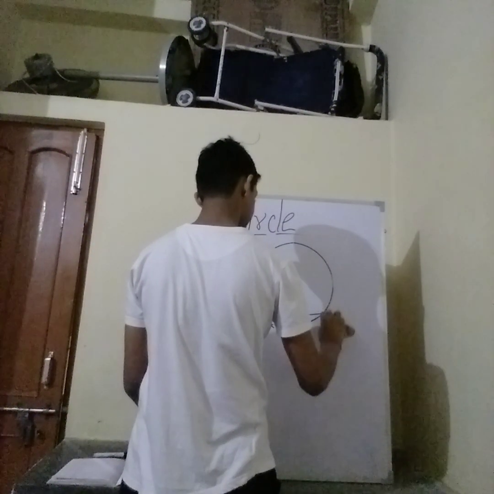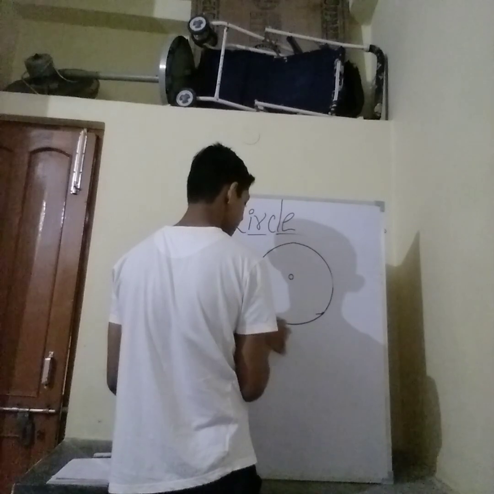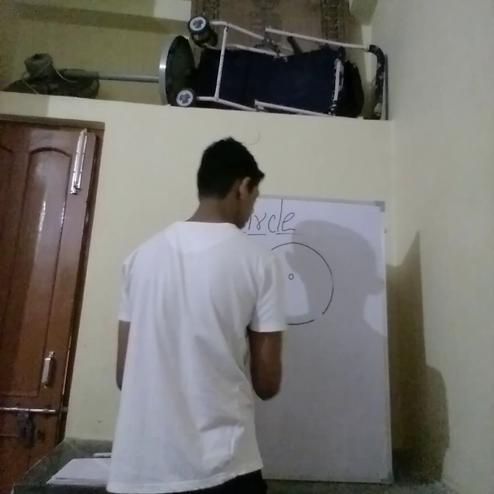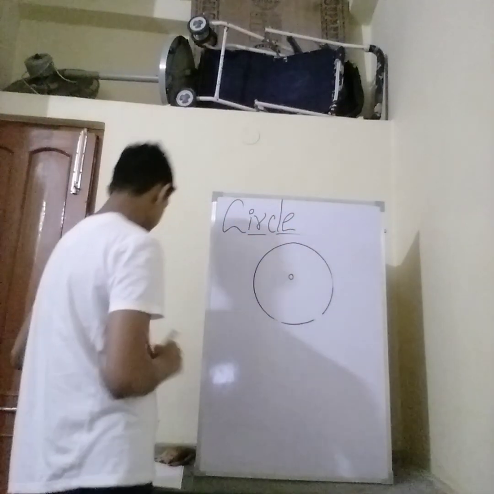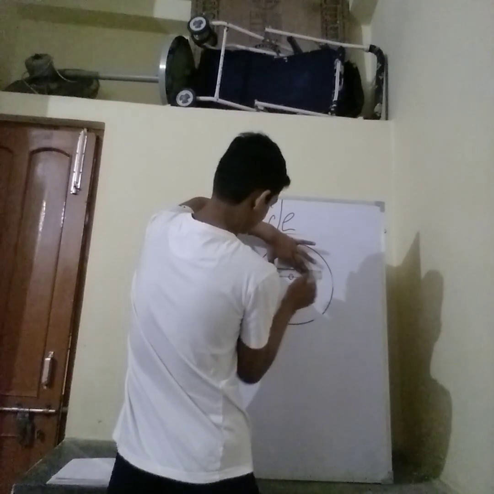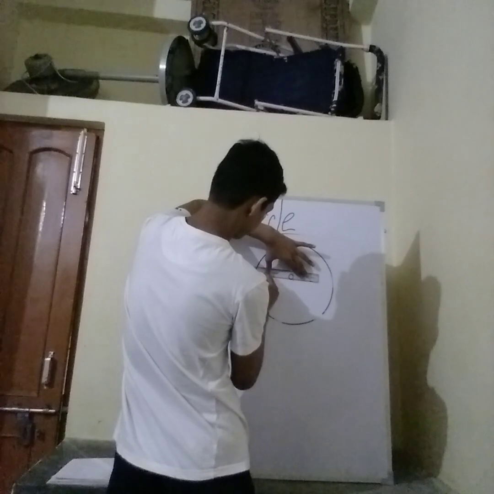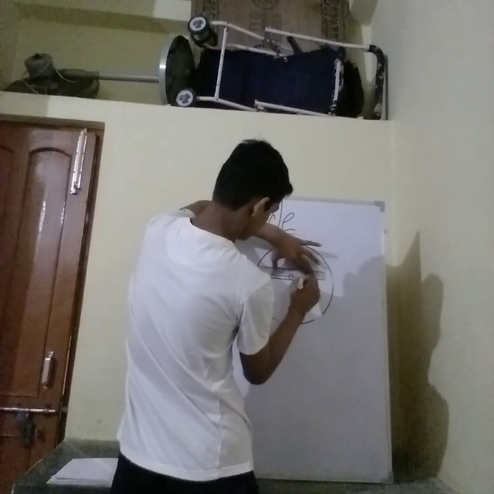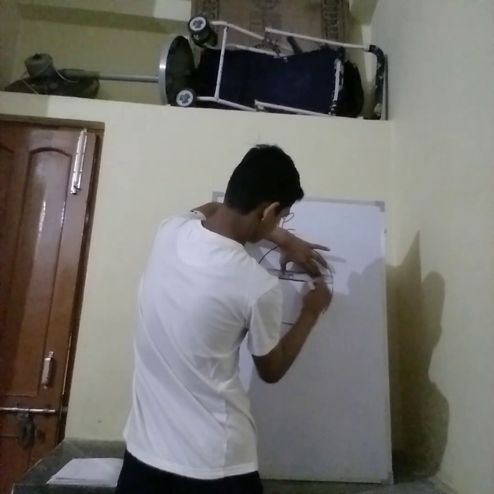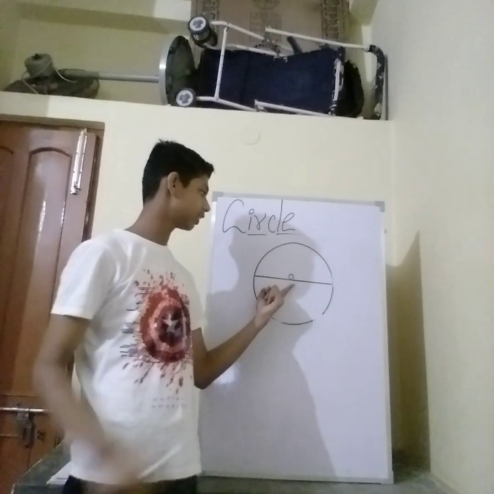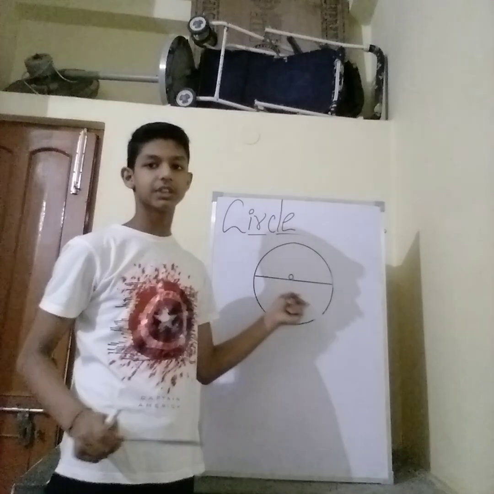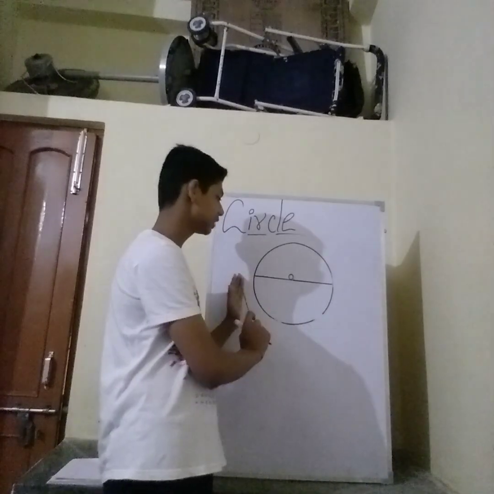Now we will discuss diameter. Diameter is the longest chord, because the diameter is the line which passes through the center and reaches 2 opposite points on the circumference.